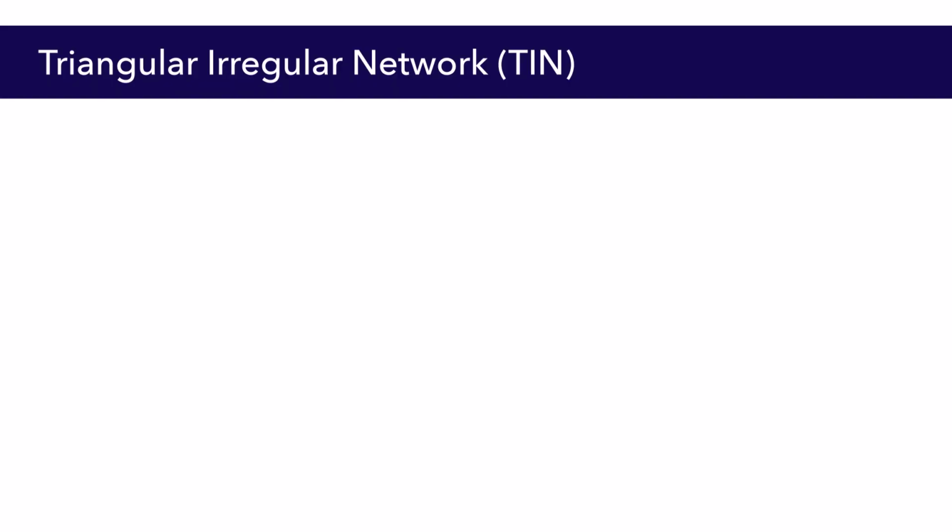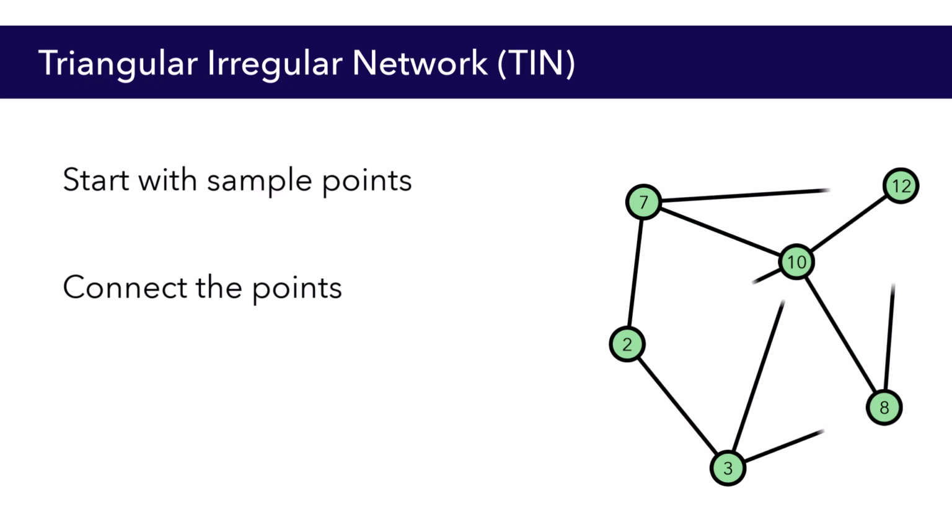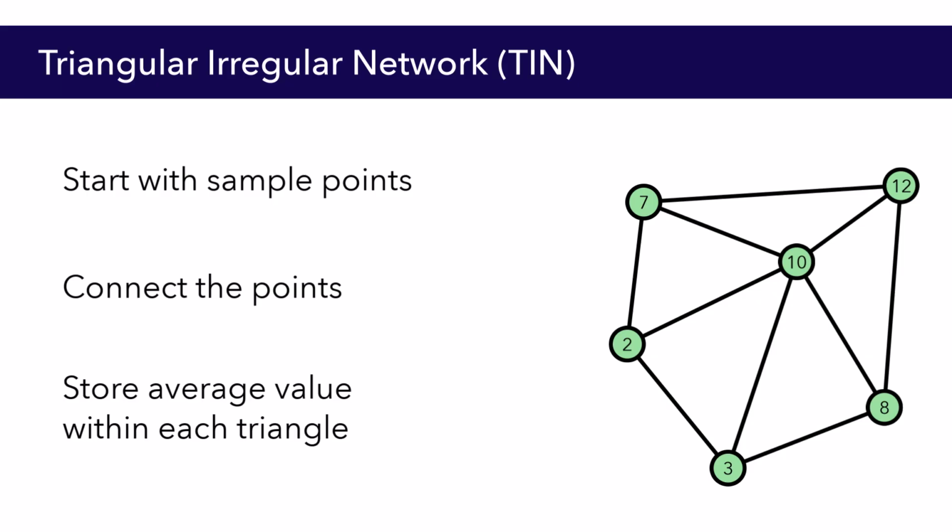When you do something like a triangulated irregular network, what you usually do is you start with all the sample points. So rather than average values within a rectangle, you could have, in this instance, 6 locations where you've sampled soil moisture, and then you just connect the points, and this creates triangles so you can store the information within the triangle. So you would take the average of the 3 points that make the triangle and store the value into the center of the triangle effectively.